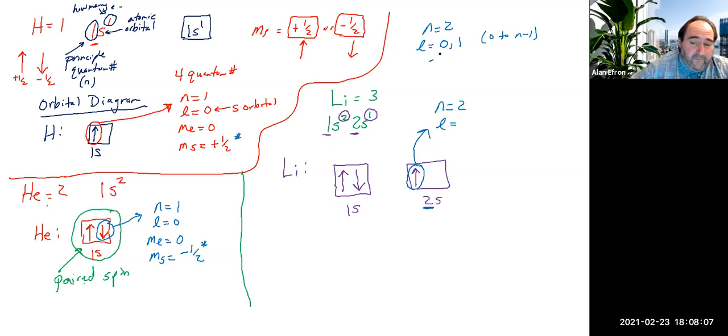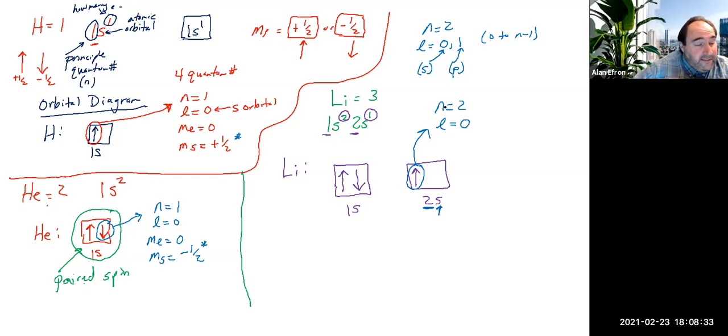As we already hopefully know, this one is for an s orbital, and this one is for a p orbital. So the correct L value for that electron is actually going to be 0, because it is not in a p orbital. It is sitting in an s orbital.